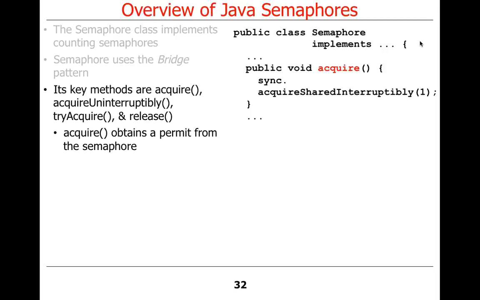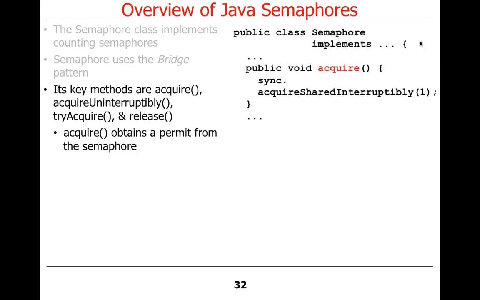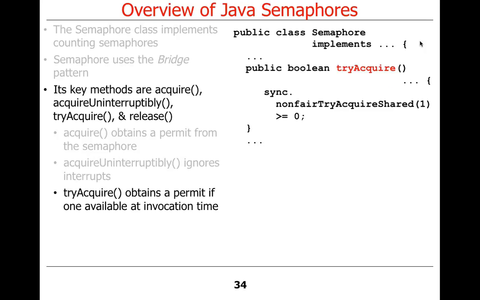If the count is greater than 1, multiple threads can make progress. It's not an exclusive lock. It does have a count, but it's not an exclusive lock. This thing can be interrupted. Acquire uninterruptibly will not be interrupted, so it just calls acquire shared. This calls acquire shared interruptibly.